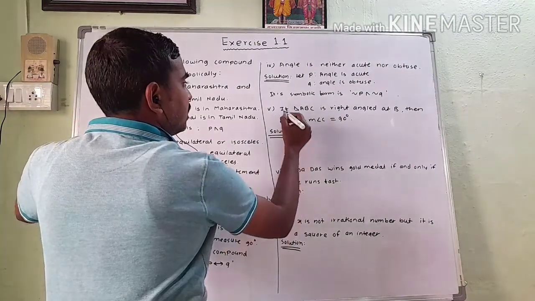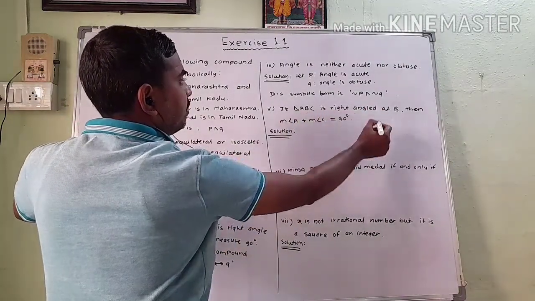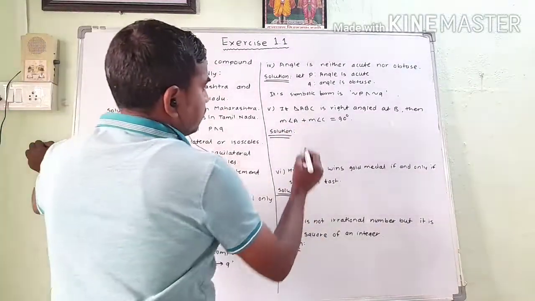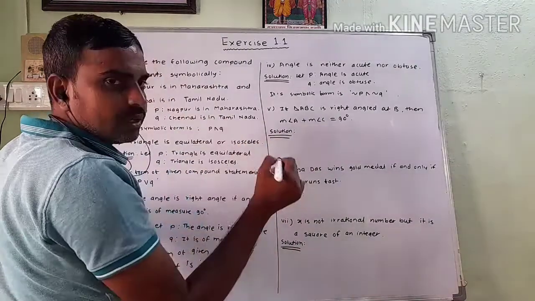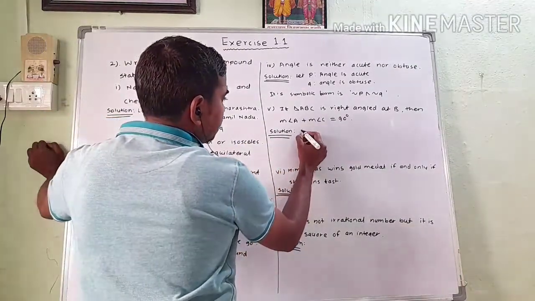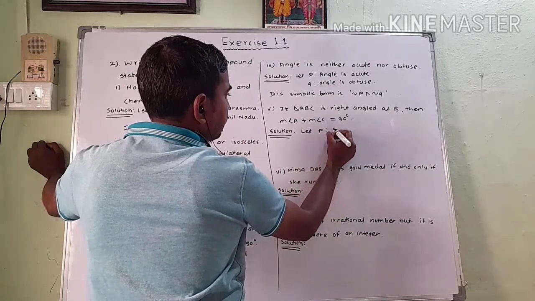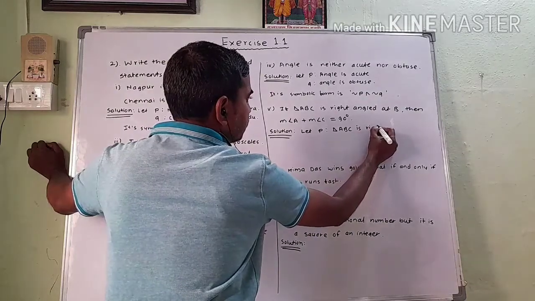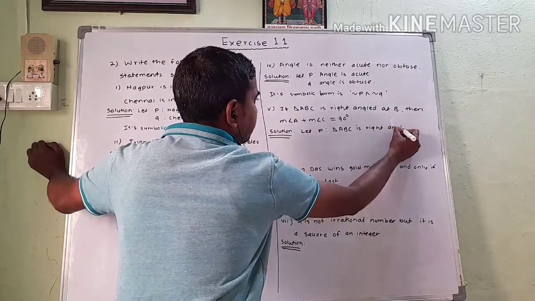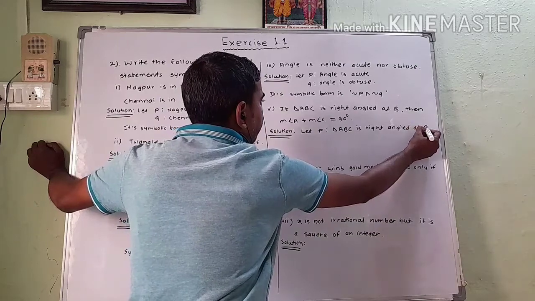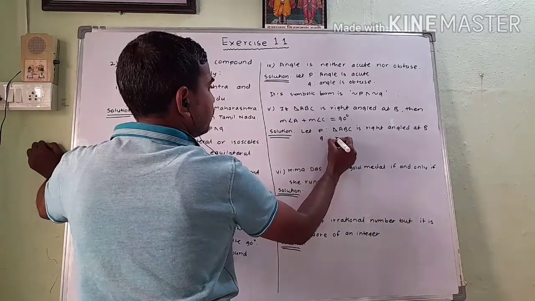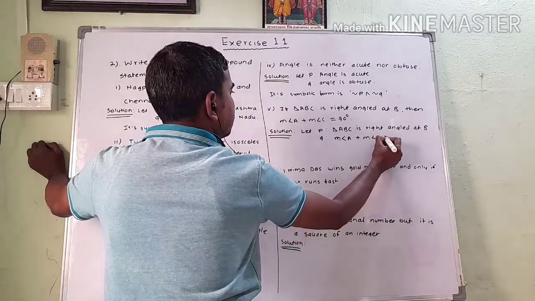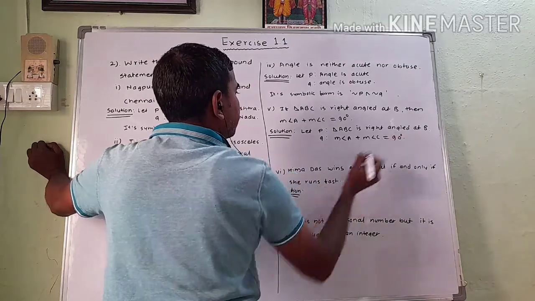Fifth compound statement: if triangle ABC is right angled at B, then measure of angle A plus measure of angle C equals 90 degree. So if then is here, means we have to use conditional, implication. First of all, let P stand for triangle ABC is right angled at B, and Q stands for measure of angle A plus measure of angle C equals 90 degree.